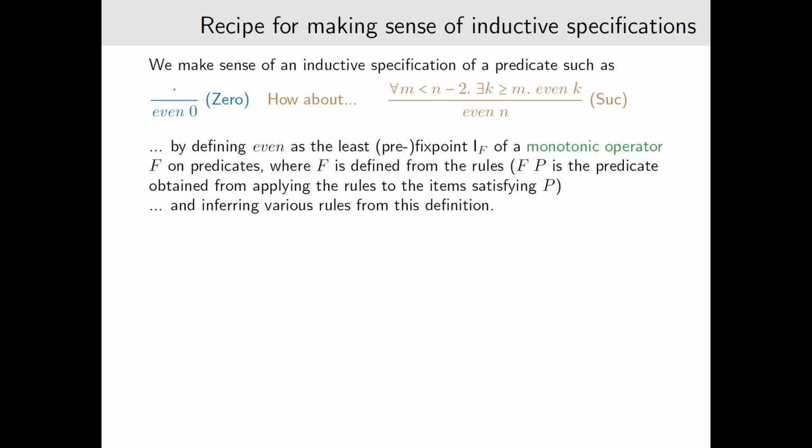How about this one? Now we have a bit more complexity here, right? We say that for all m, there exists some k greater than m such that the predicate holds. And then we can infer that the predicate holds for n. Is this a correct definition? Do we add knowledge?